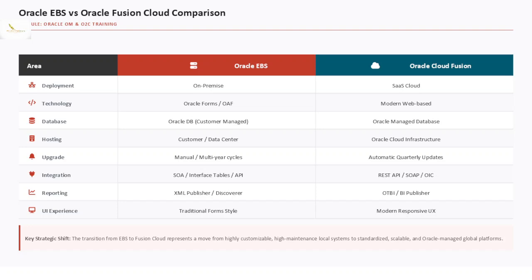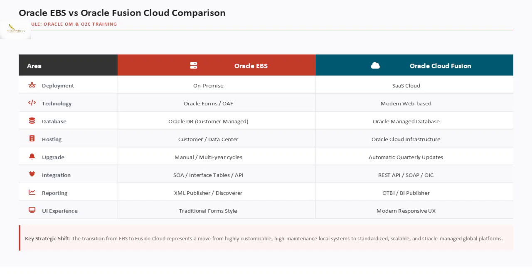When we talk about Oracle Fusion, it is Oracle's modern SaaS platform hosted inside Oracle Cloud infrastructure. The cloud system provides scalability, automation, mobile access, REST APIs, and AI-enabled capabilities.